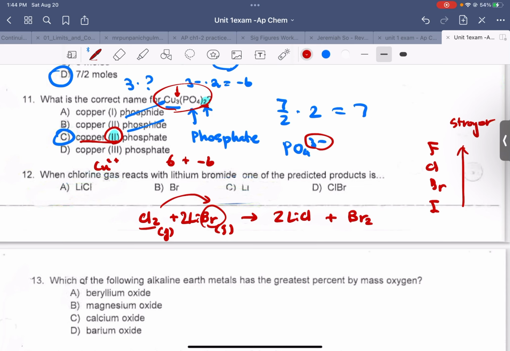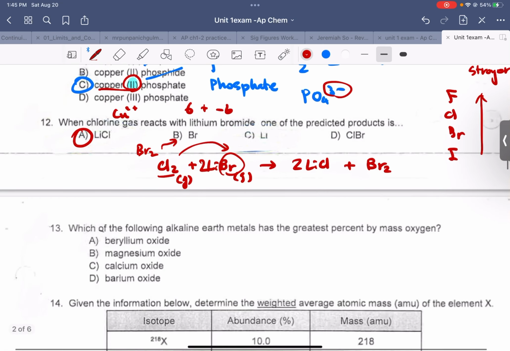So when you put Cl2 in the LiBr, it's a single replacement, so it'll replace because it has a stronger activity characteristic. Then you get this. So which product will you have? LiCl, lithium chloride. Br2, that's correct, Br2, but not Br. Okay, so that should be the answer.